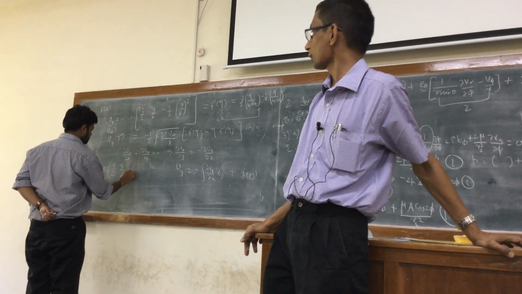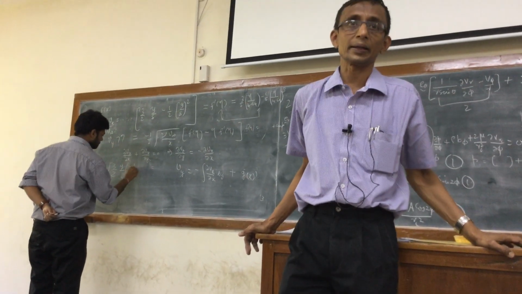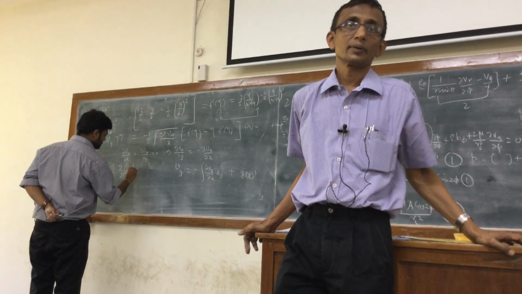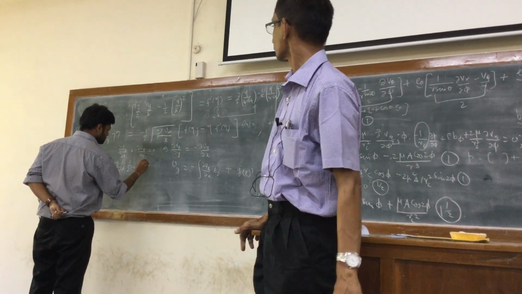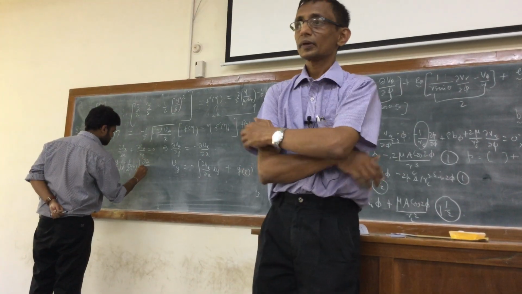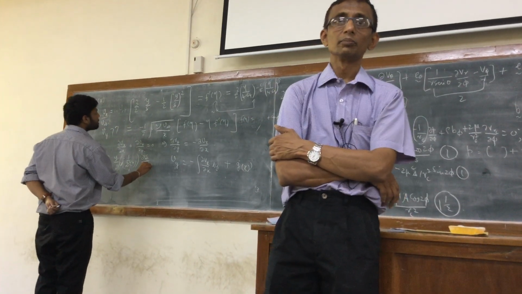Minus 1 by delta squared d delta by dx. And then calculate the other term.